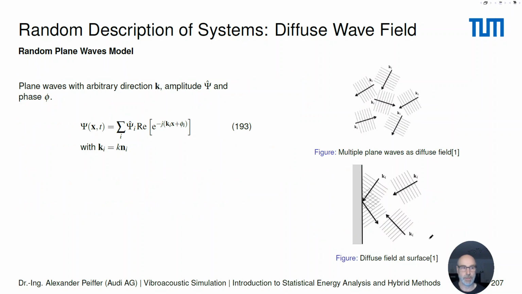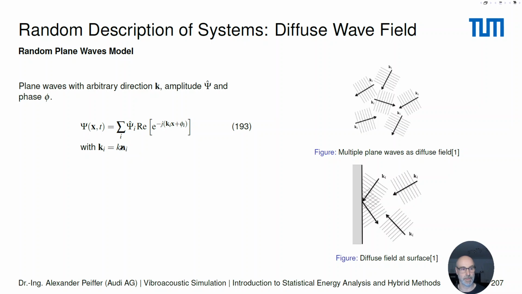So as mentioned, we assume plane waves, and they have arbitrary direction given by a vector wave number k, given here in the figure by all the k with index i. We have a random amplitude and phase. And this is all summed up to a total wave field, which is given by an arbitrary wave quantity denoted here by the figure psi. And this sums up all the waves of the different wave numbers given by k.